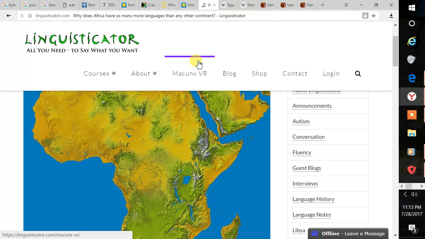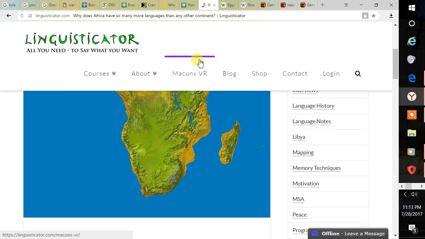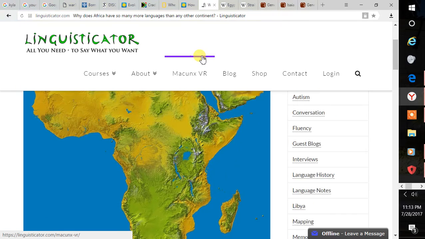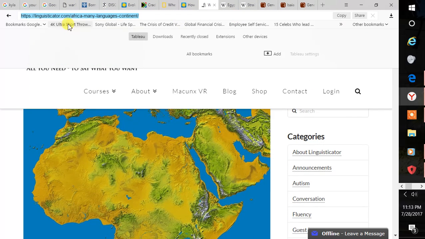Now, one of the things that I want you to notice is that Africa has been known... I mean, if you go on Google and ask where the largest number of languages are in the world, it will probably tell you Asia. But in all truth and honesty, it's actually Africa that has the greatest number of languages. That goes to show you biblically, because I'm looking at a website here that says linguistic.